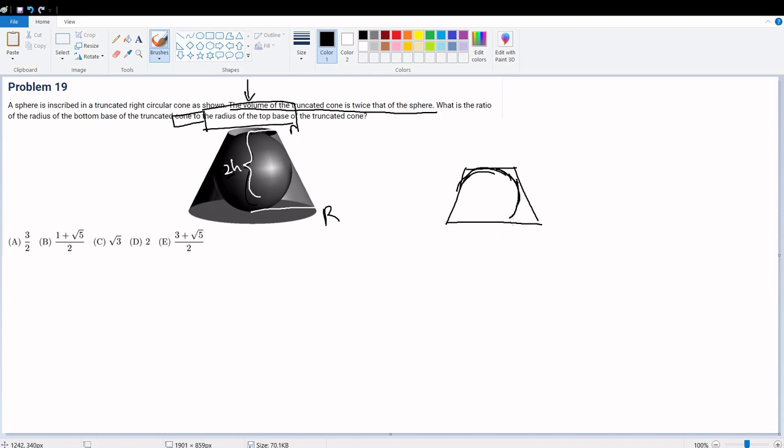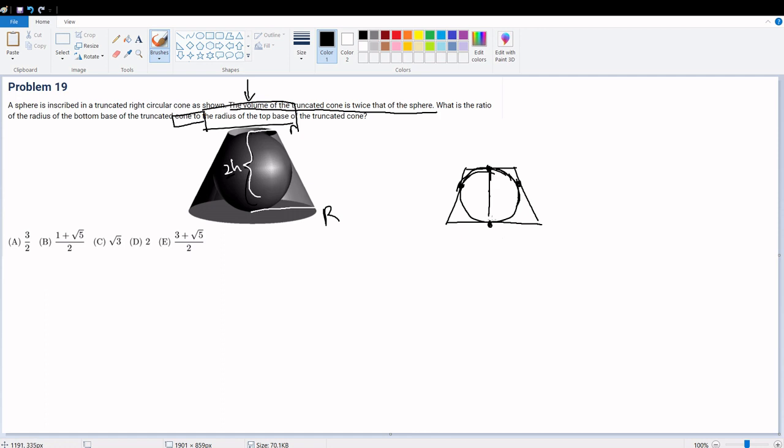The great thing about this strategy is that we converted a 3D problem into a 2D problem, which is much easier to work with, especially with all these tangent points here, here, here, and here. So let's go ahead and draw lines from the center to these tangent points.